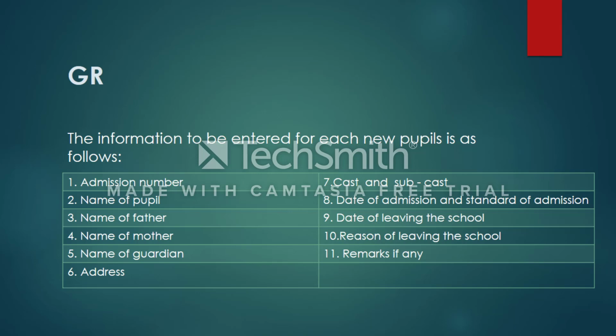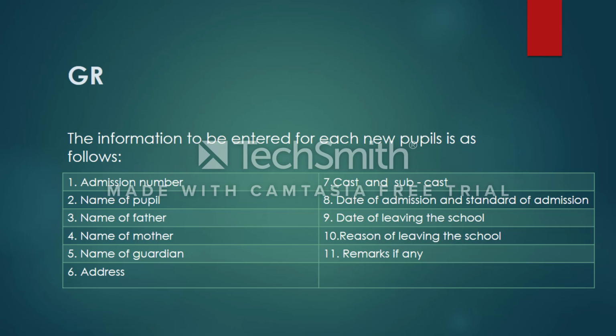Ninth, date of leaving school, also very important. When they leave school after completing school; and reason of leaving the school, means what is the reason for leaving the school, that is also mentioned. For example, when we complete our 12th standard, we go on to further study, post graduation or graduation.